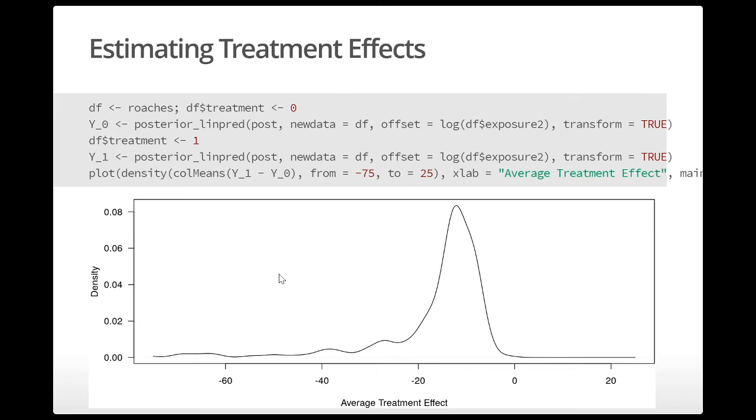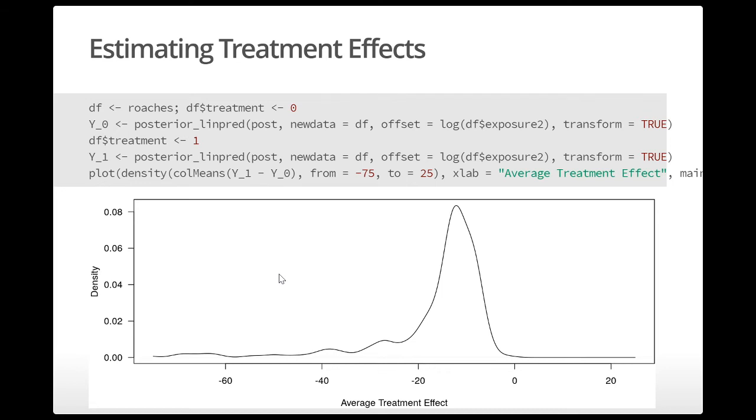So how do we have a single conclusion about the estimated average treatment effect of this roach trapping device? I create a new data frame, and then I'm allowed to investigate what my model says would happen under various counterfactuals.